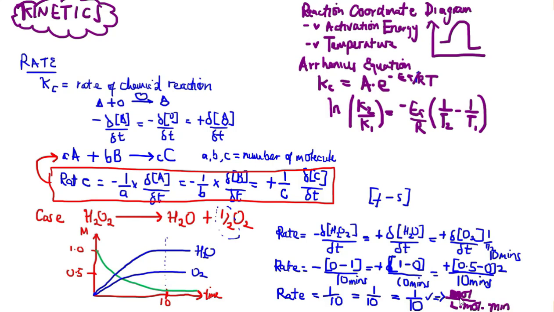So since this is happening, what we recognize is that mole cancels mole out, and what we get is 1 over liter minutes. So that is our unit for this particular rate in here.